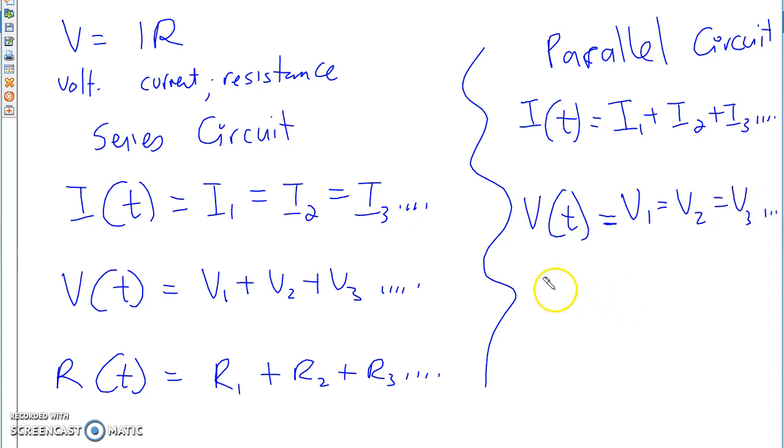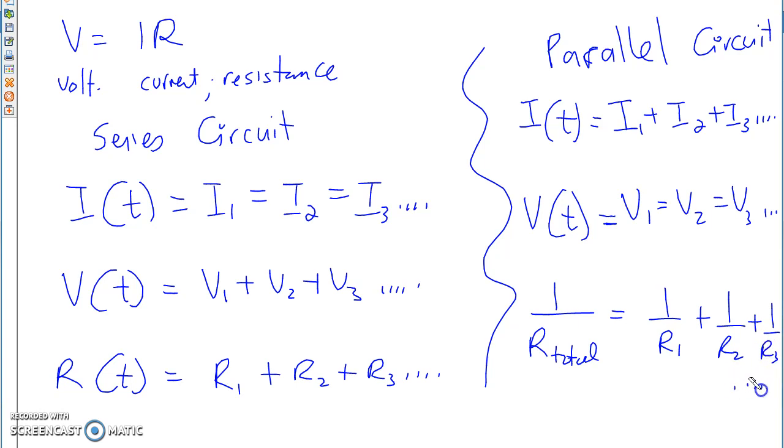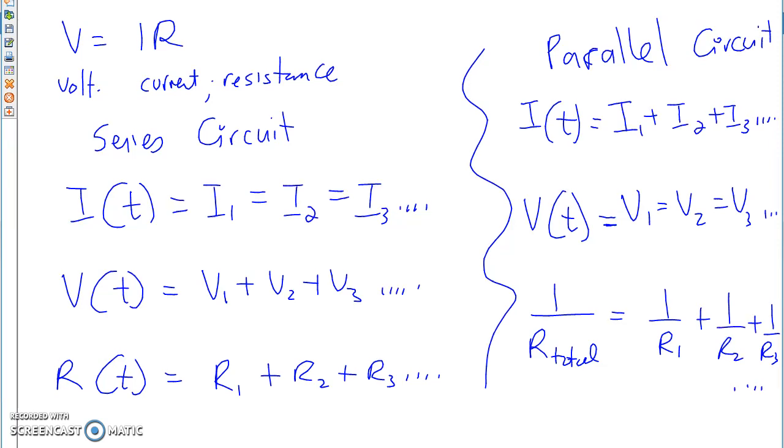And your resistance is 1 over R total, which equals 1 over R1 plus 1 over R2 plus 1 over R3, and so on and so forth. These are some of the rules and regulations in regards to how we solve for circuits.